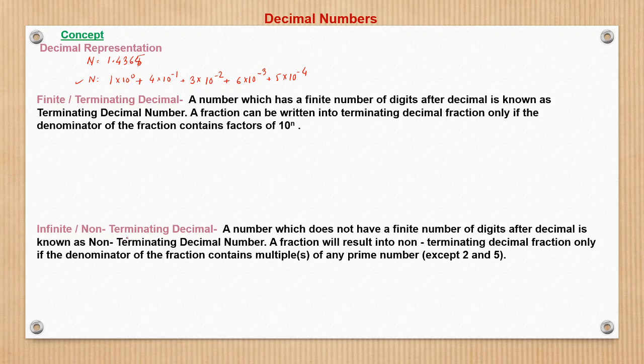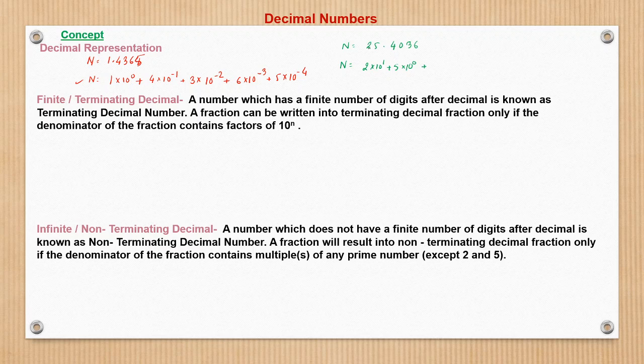Another example I take just to consolidate this point. Suppose another number n is 25.4036. This n we can expand as 2 into 10 raised to power 1 plus 5 into 10 raised to power 0, right?